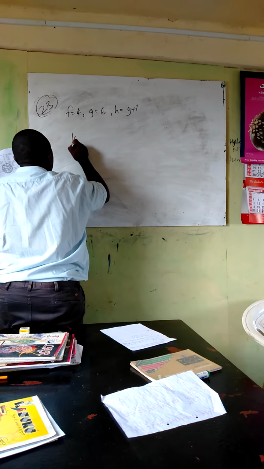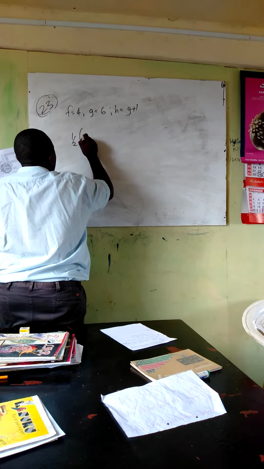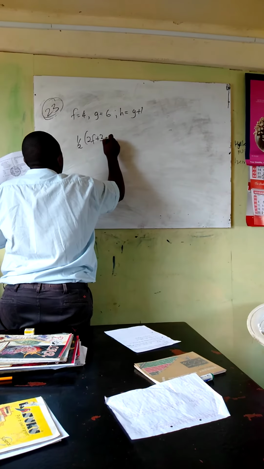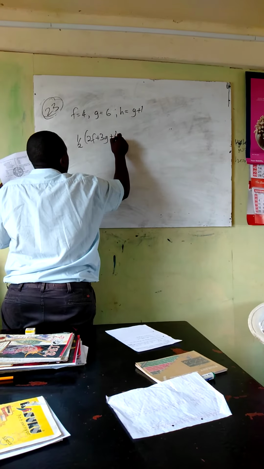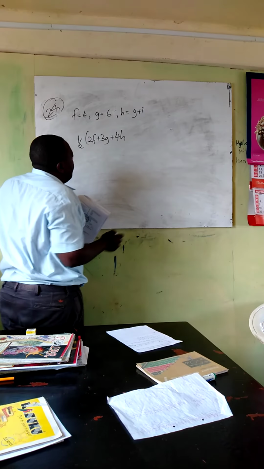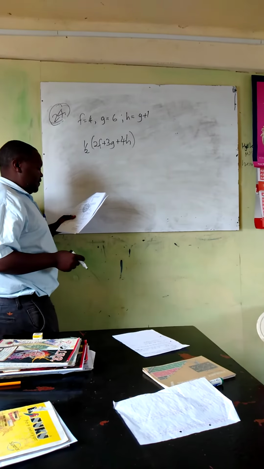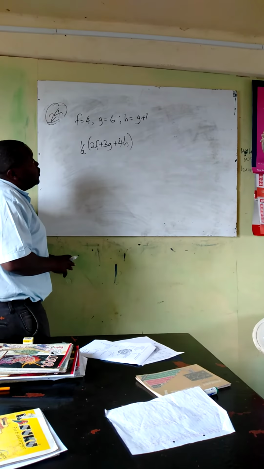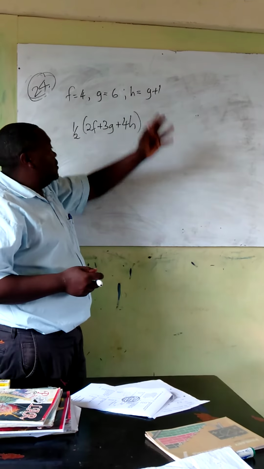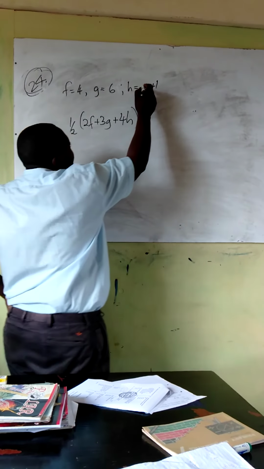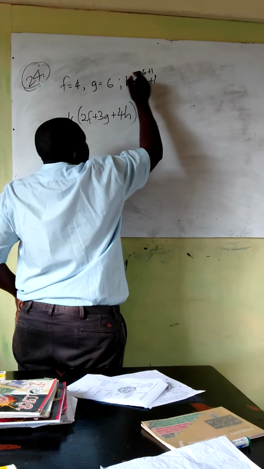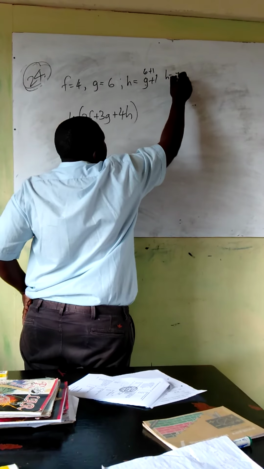We need to get the value of a half of (2f plus 3g plus 4h). The first thing to do is look for the value of h, the unknown. It will be 6 plus 1, because g is given. So h is equal to 7.